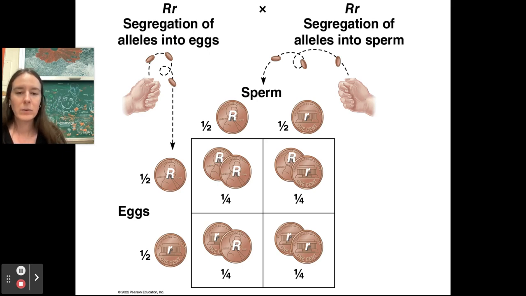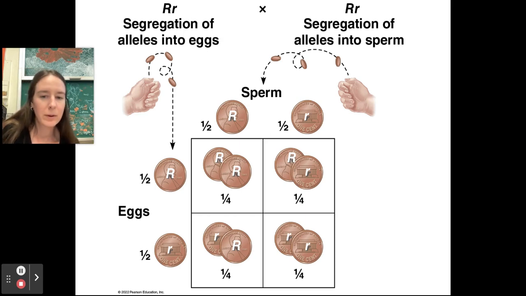If you were asked the question, what's the probability that a heterozygous dad and a heterozygous mom would have heterozygous offspring? Well, you would say, the probability of getting a little r from the dad, the sperm, is 1/2, and the probability of getting the big R from the mom is 1/2. Multiply them, you get 1/4.